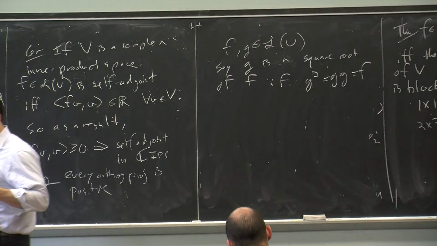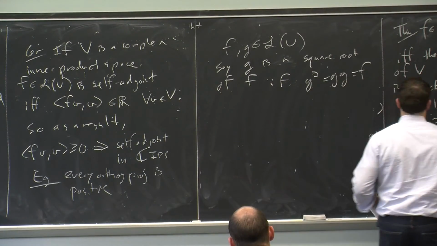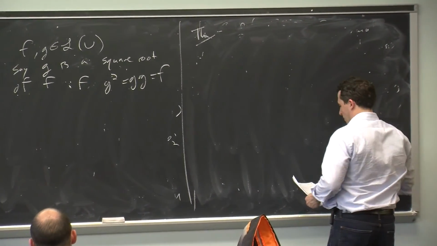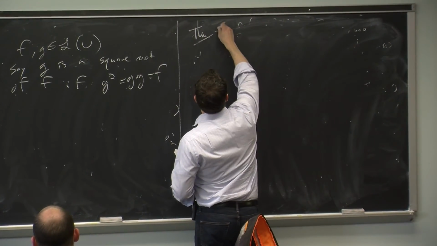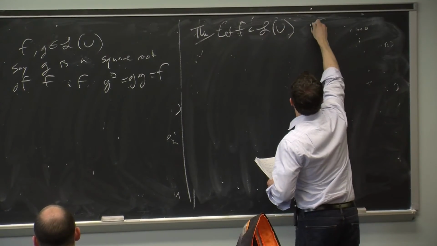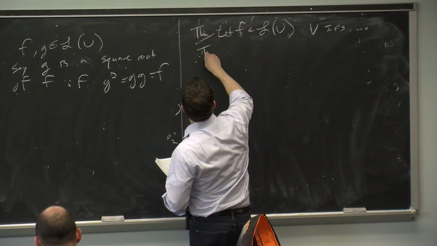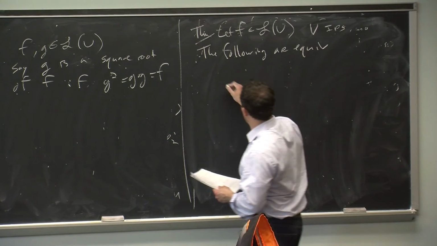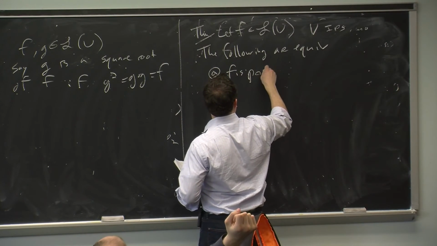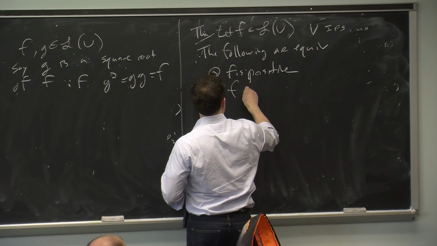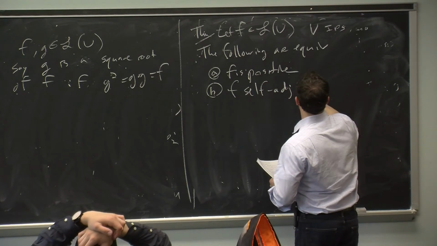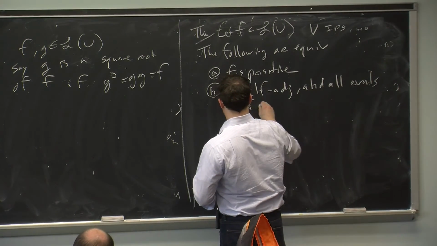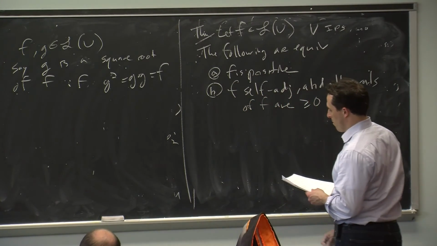And then the theorem characterizing positive operators, I'll just write it up, but I won't give the proof until next time. Theorem. Let F be an operator on an inner product space. The following are equivalent. A, F is positive. B, F is self-adjoint and all eigenvalues of F are non-negative, so in particular real.